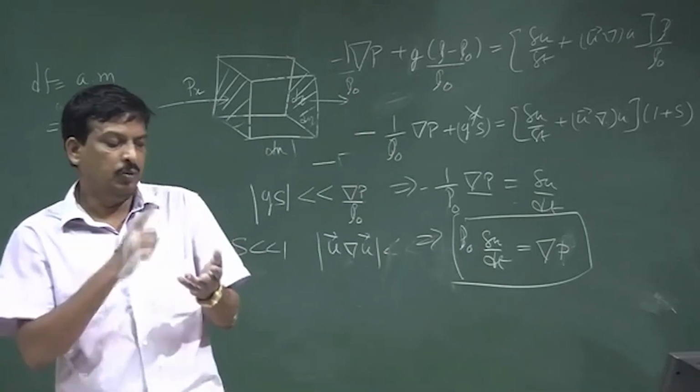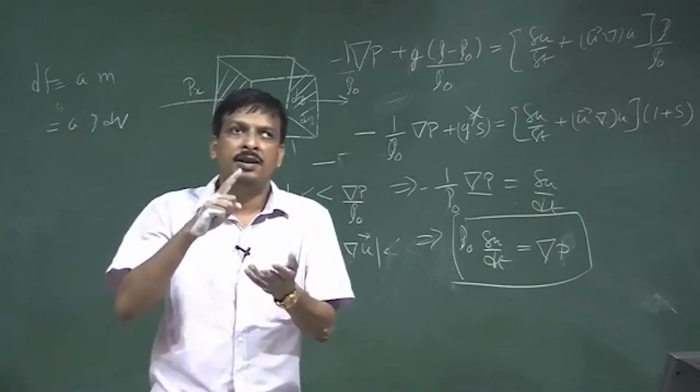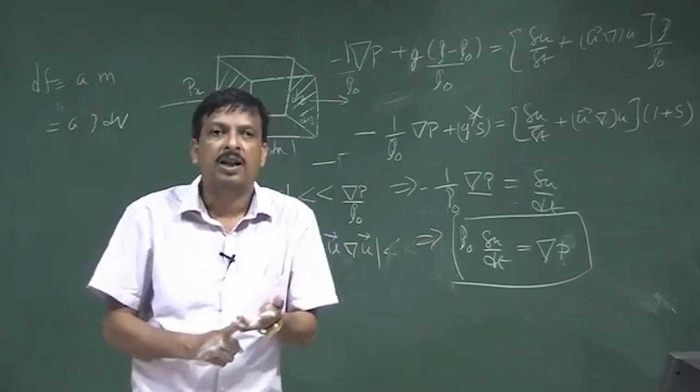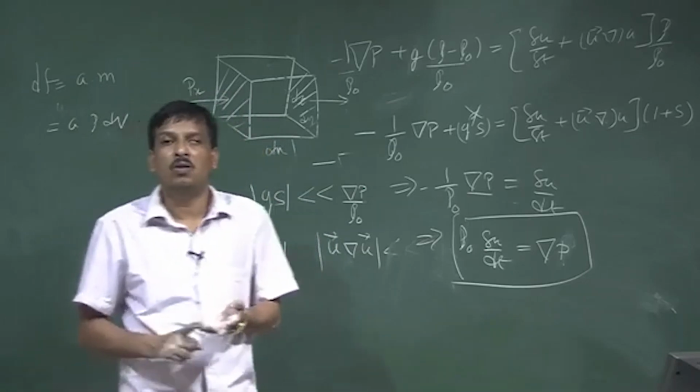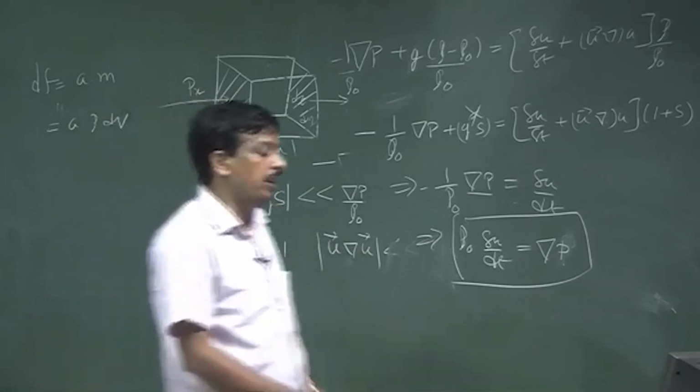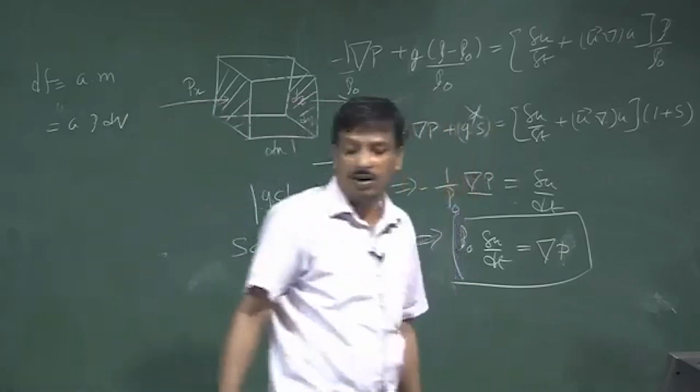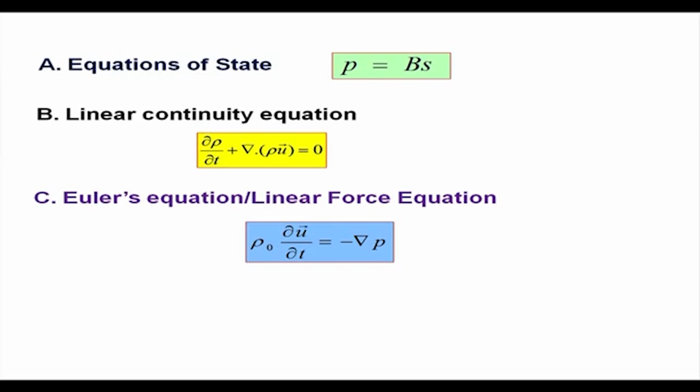So, I get the equation of state, the equation of continuity, and the equation of force. What are these three equations? I get three equations: the equation of state, the equation of continuity, and the equation of force.